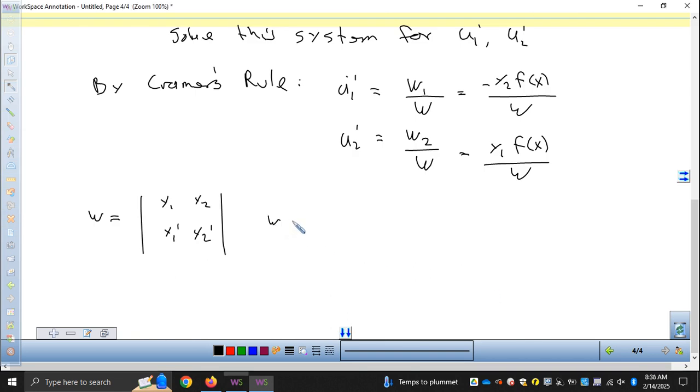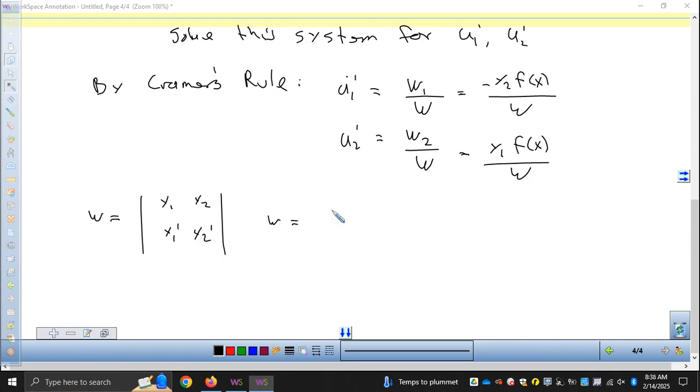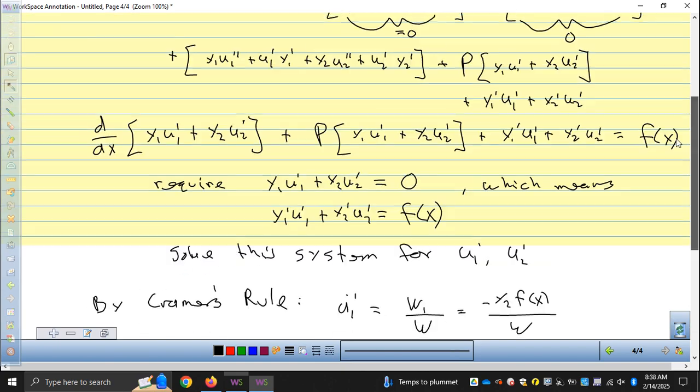W1 is this Wronskian, but with the first column replaced by this right-hand side of the equation. So that's 0, f of x, y2 prime. And W2 is this determinant, but with the second column replaced by these two.